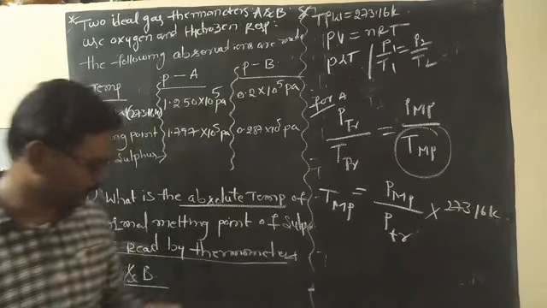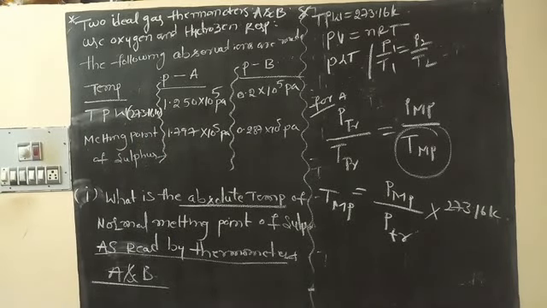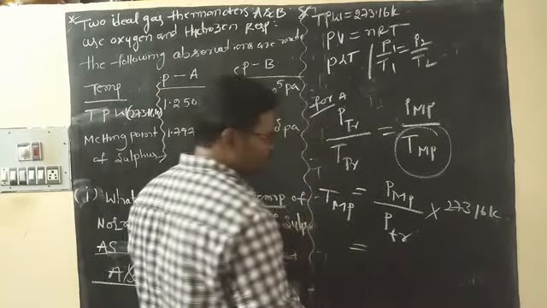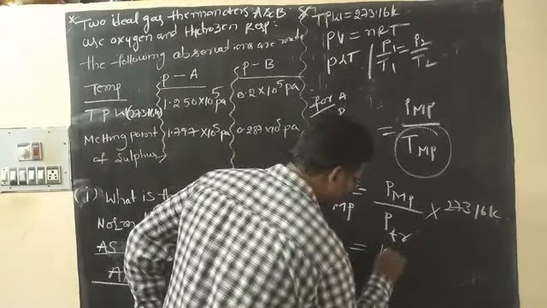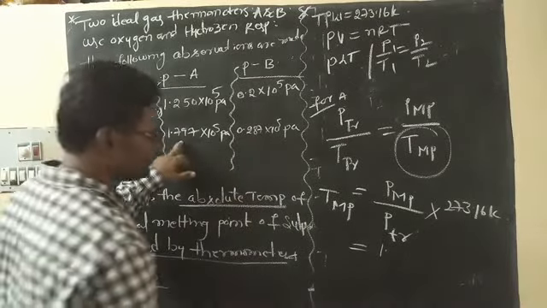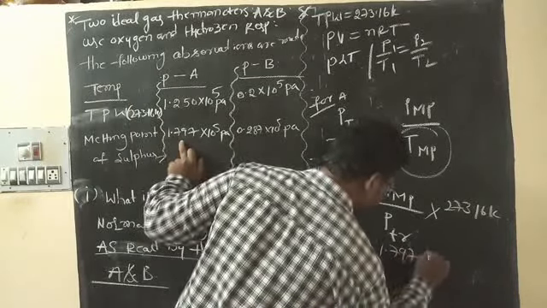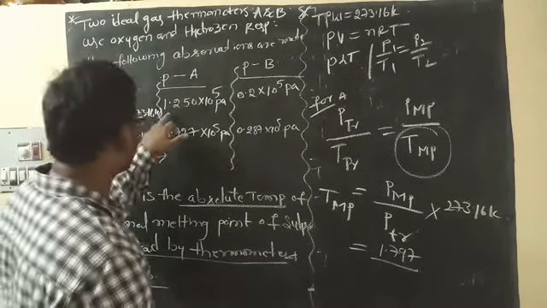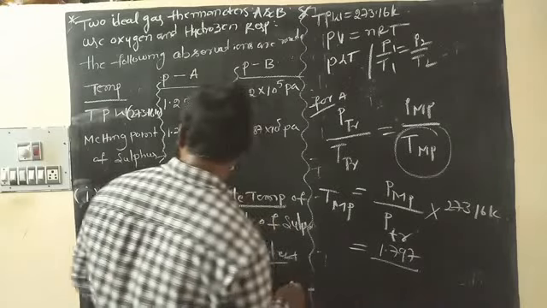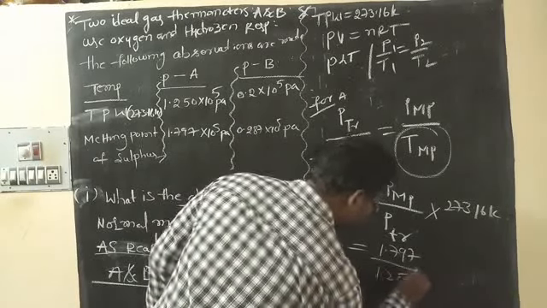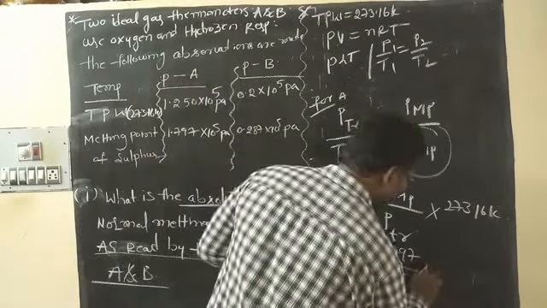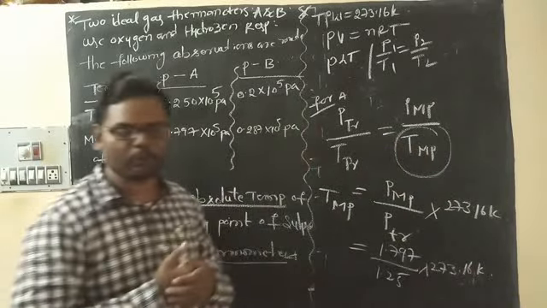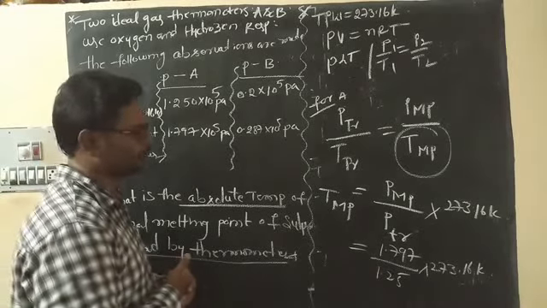Now you can substitute: 1.797 by the triple point pressure 1.25, into 273.16 Kelvin, isn't it?